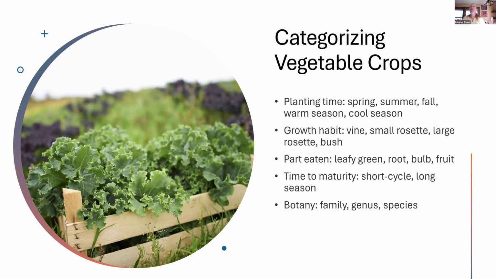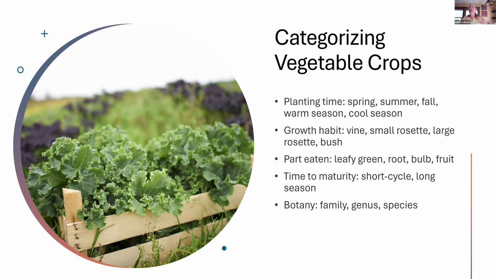There also, of course, the part eaten becomes important when you're looking at post-harvest handling. How do you store this crop? How do you wash this crop? How do you pack this crop? We can look at time to maturity. Is this something like a lettuce or a scallion that's going to be in the field for only a few weeks?